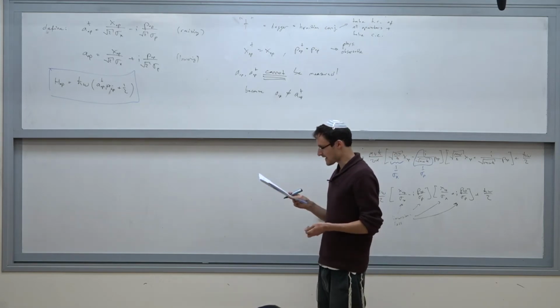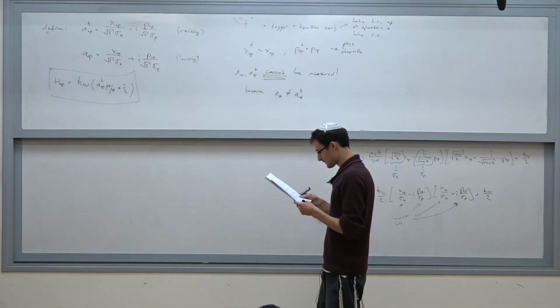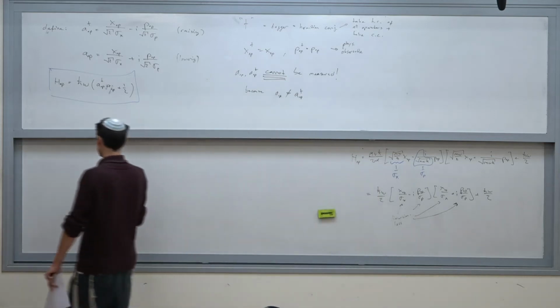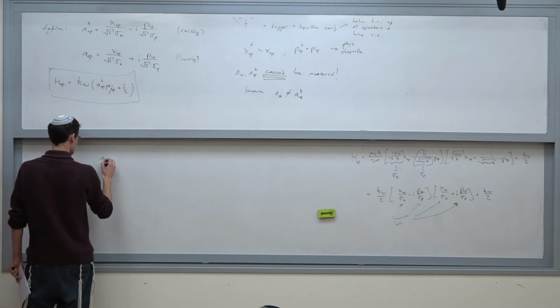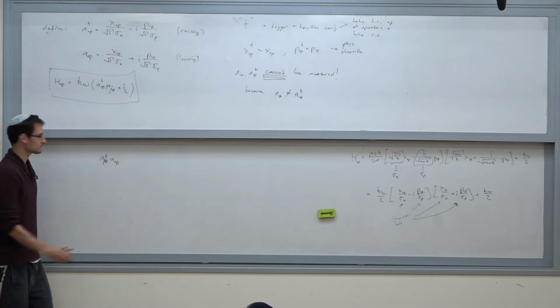Okay, so we said that neither A nor A dagger corresponds to a physical observable, of course not, they're not Hermitian. But if you look at the product of the two, this thing is Hermitian.